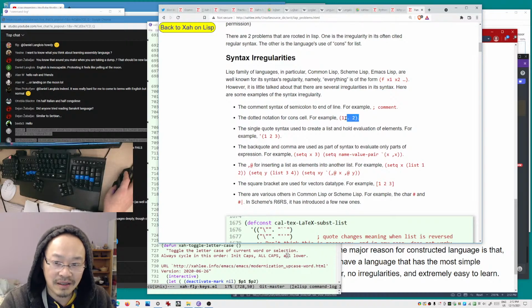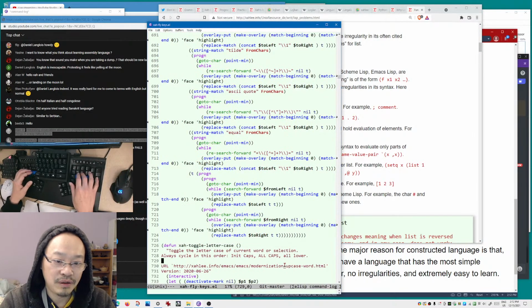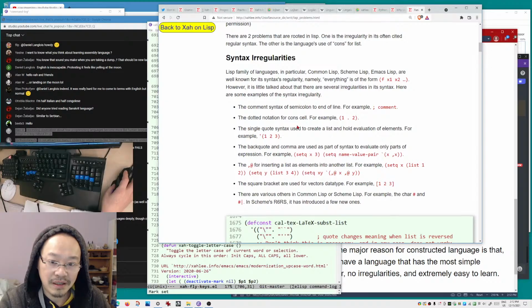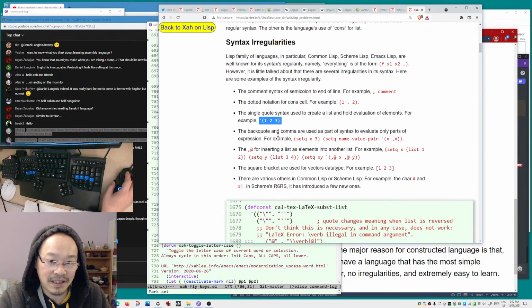So you have this something dot something. You have this back quote, then parenthesis. Normally you never put something in front of the paren. You see, here's a paren, here's a paren, here's a paren. You don't put something in front of it. But in Lisp, you have this special syntax irregularity.